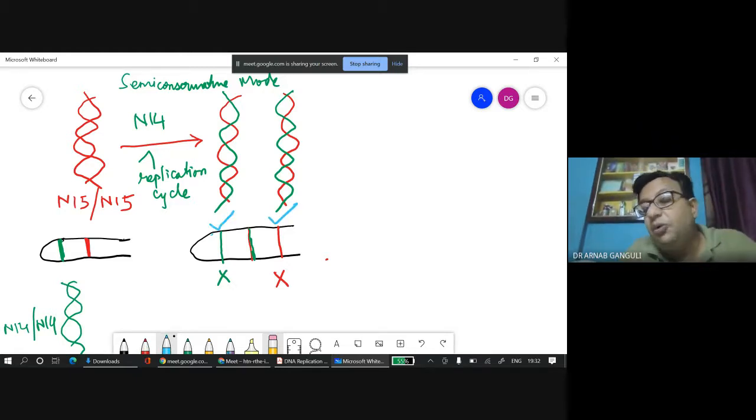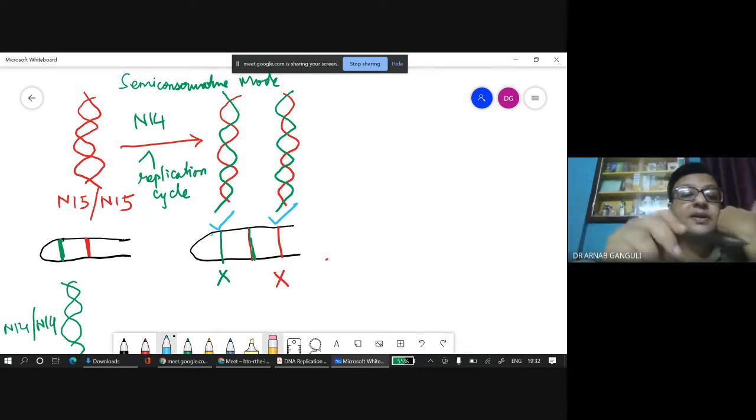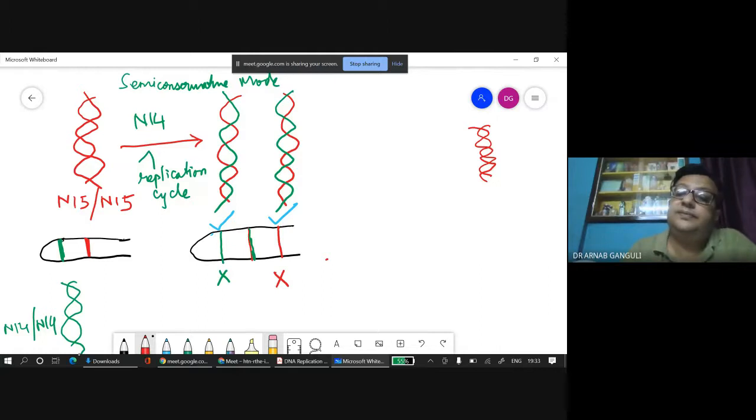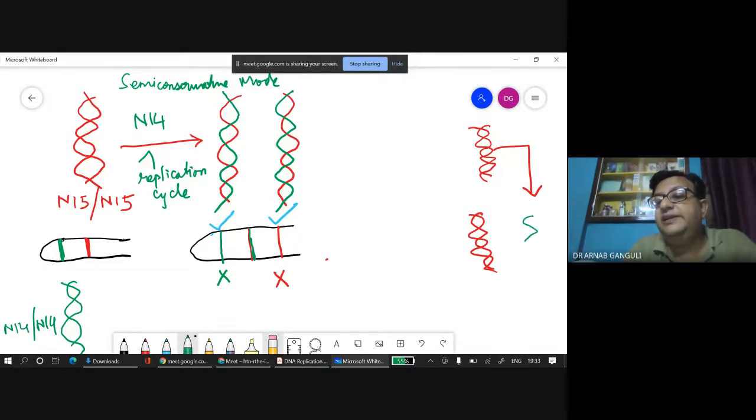Both these bands would have been seen if it was conservative, because in conservative what happens, খুব বাজে আঁকলাম, this strand would stay the same. This strand, it would stay like this, and from this strand a new strand would be there.